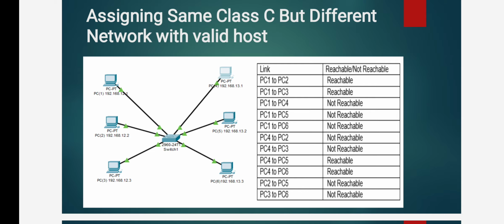And PC4 to PC6 is the same situation as PC4 to PC5. But PC2 to PC5 is not reachable because it is not in the same network.